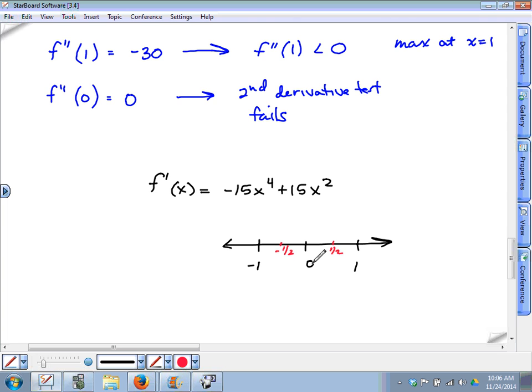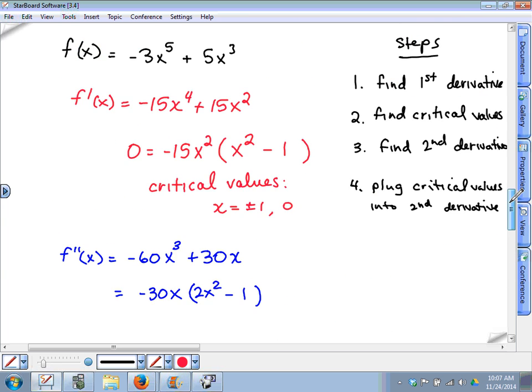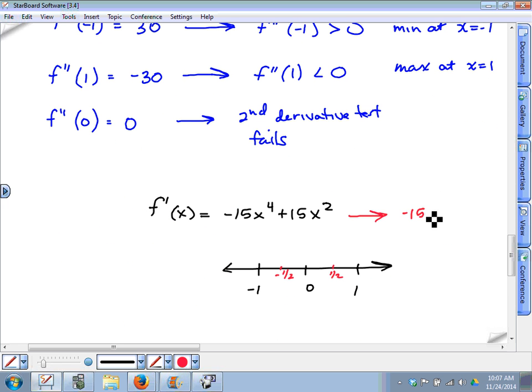Is it positive or negative? So, if you plug in -1/2, then raise it to the 4th power, that's positive. Actually, we do have to worry about a sign here in this form. Wasn't there a factored form of this? Negative 15x squared, and then x squared minus 1.